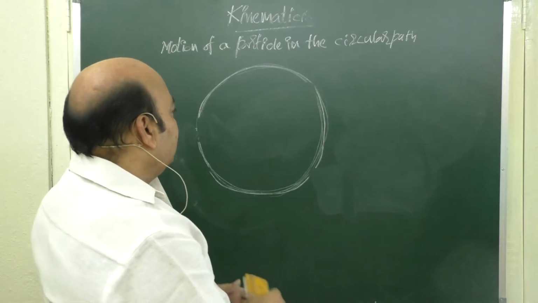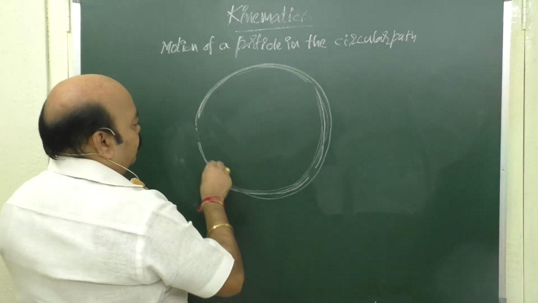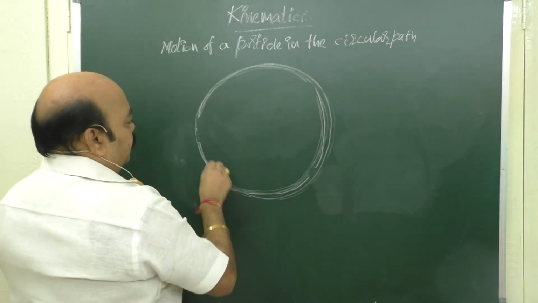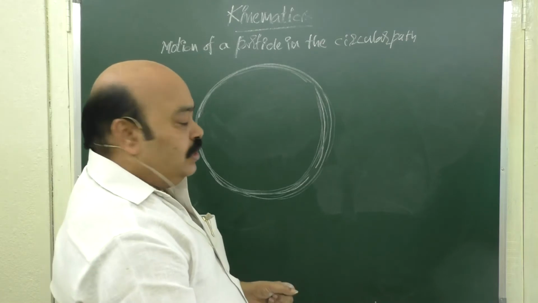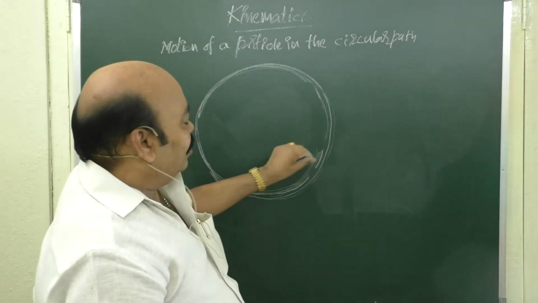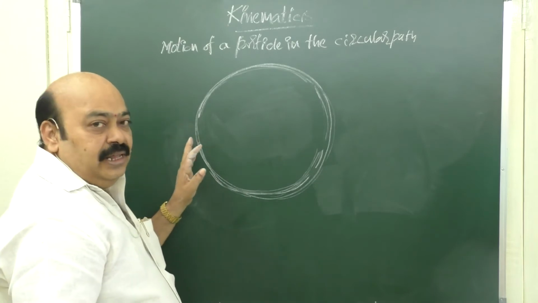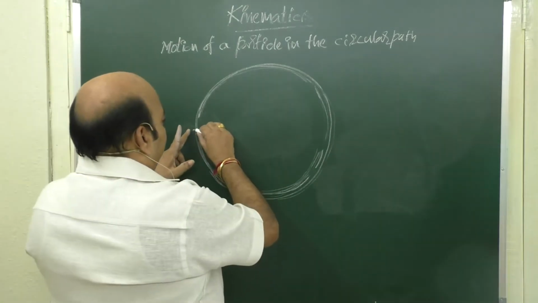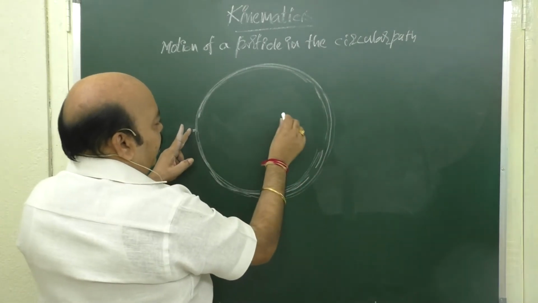An athlete is running around a circular track of radius r. It is a circular track. Generally found in stadiums, the players, while doing warm-up exercises, practice running. Say an athlete is running around a circular track of radius r.